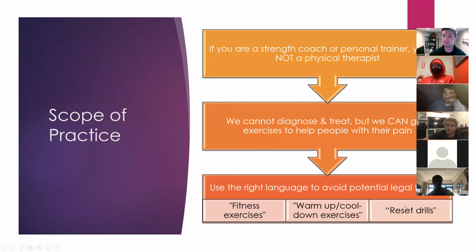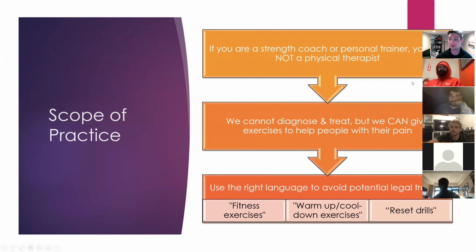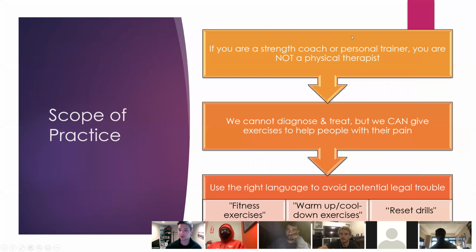So with that being said, let's talk a little bit about scope of practice before we get into it. If you're a strength coach or a personal trainer like myself, we are not physical therapists. So we cannot diagnose and treat. So we have to be very, very careful with this assessment. We can get into a lot of trouble if we choose the wrong words.